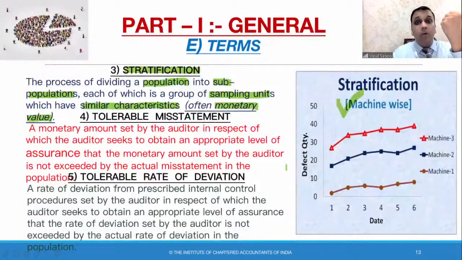And what effect has it made on the working and results, efficiency and effectiveness of those machines? So this is a graph for machine 1, graph for machine 2, graph for machine 3, the number of defected quantity pieces they produced.